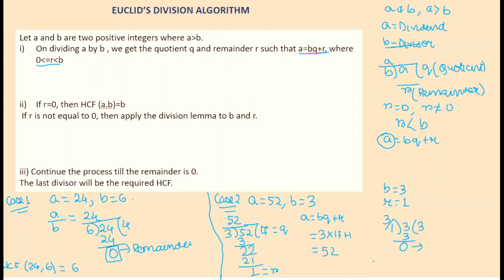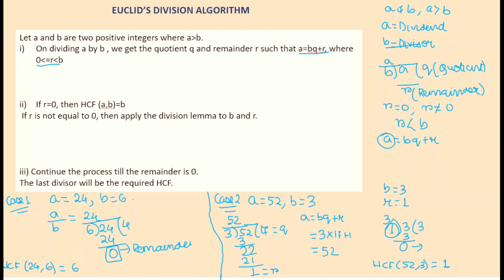The HCF of 52 and 3 will be equal to the value of the divisor in the latest step. The divisor here is 1, so the value of the HCF will be 1. I think the process is clear to you.